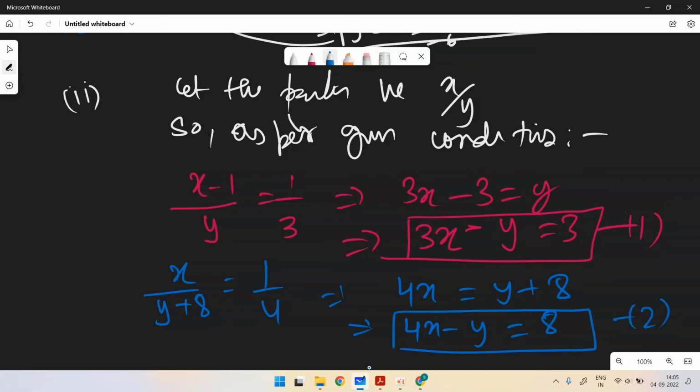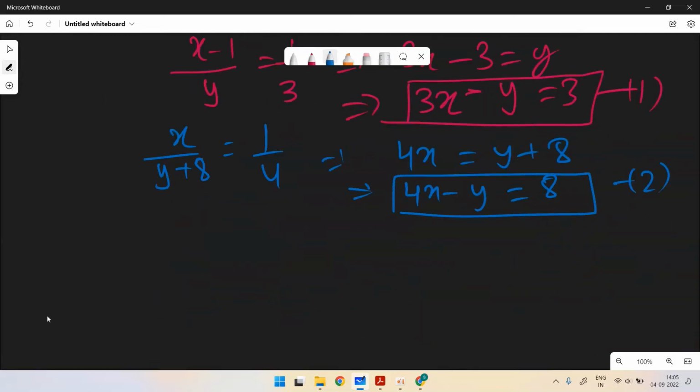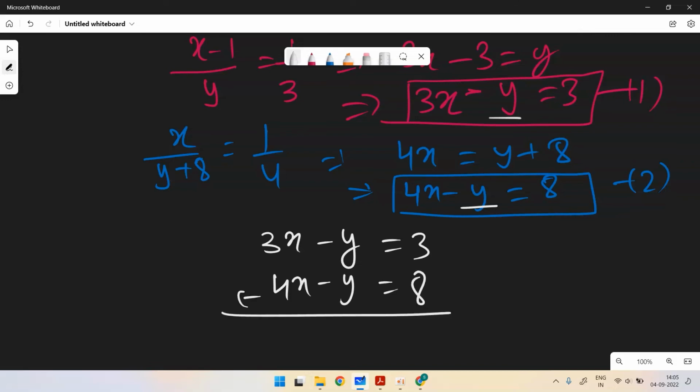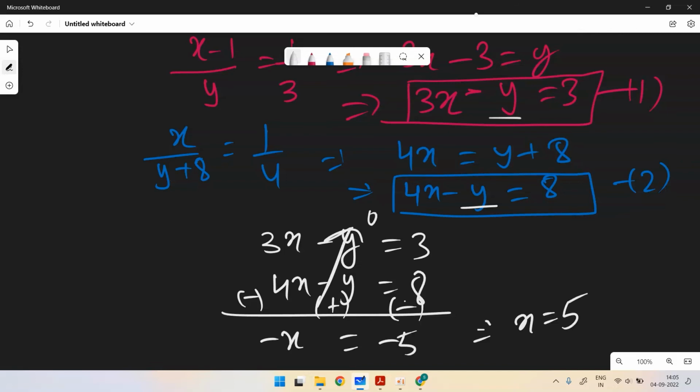Now I subtract equations 1 and 2, since the y terms are the same. We have 3x minus y equals 3 and 4x minus y equals 8. Subtracting these two equations, 3x minus 4x gives minus x, y cancels to 0, and 3 minus 8 is minus 5, which implies the value of x is 5.